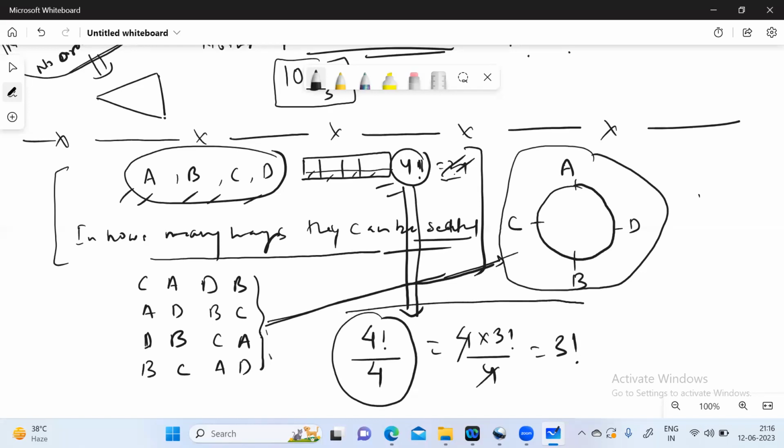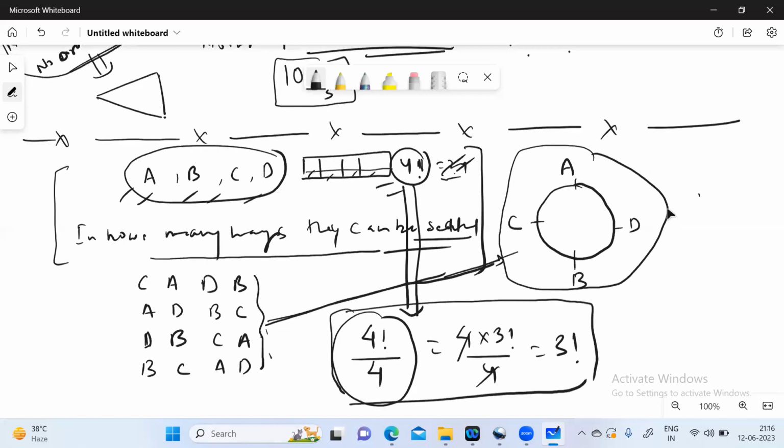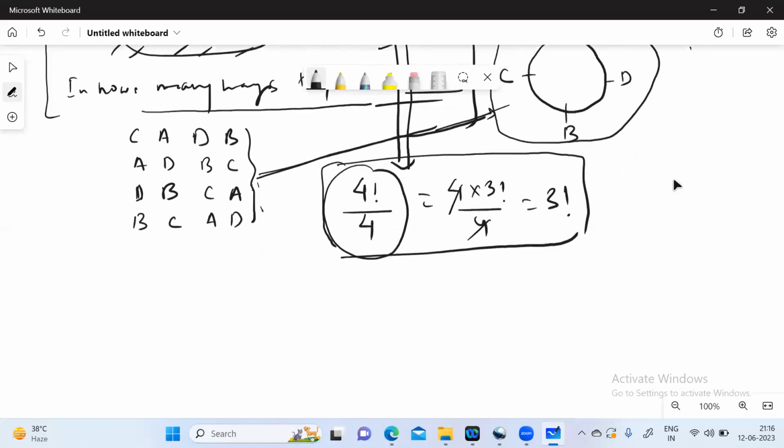We can generalize this result for any number of people. If there are 7 people, it will be 7 factorial by 7, which is 6 factorial.